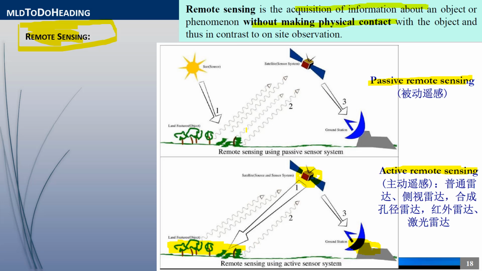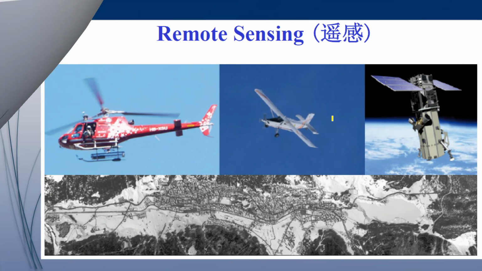But in passive remote sensing, we can set the satellite to capture images only after a 10-hour interval, or a 2-day or 3-day interval, and so on.